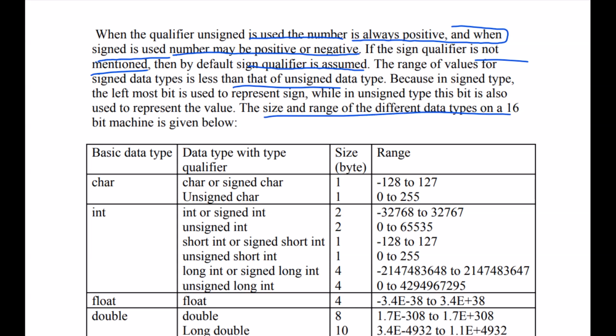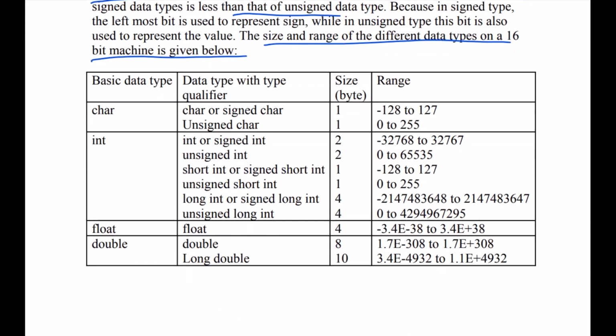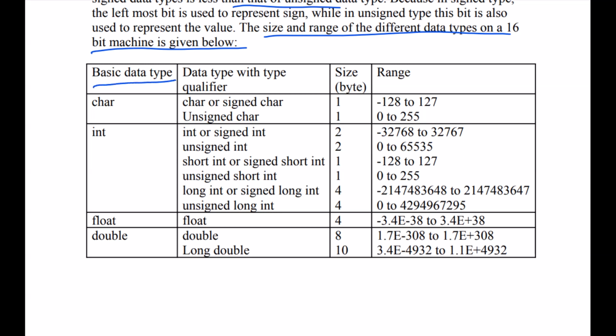The size and range of the different data types on a 16-bit machine is as follows. Basic data type with data qualifier, size and range. Character size is 1 byte, for signed or unsigned, and these are the ranges you have to remember. Int, signed or unsigned, has a size of 2 bytes.